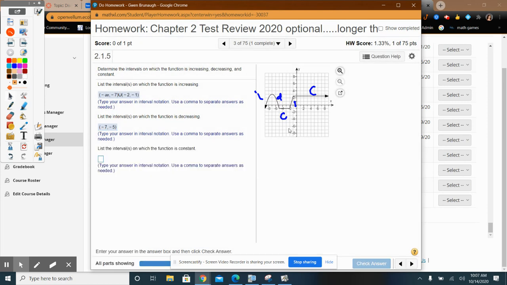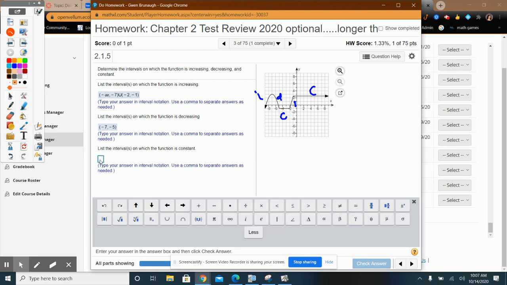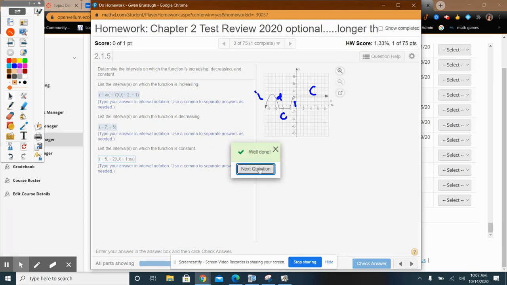And then the constant is here from -5 to -2. And do the union again because it's going to be constant again here at -1 for the rest of the graph. So that would be -1 to infinity. The big things here are to use the X values, parentheses everywhere.